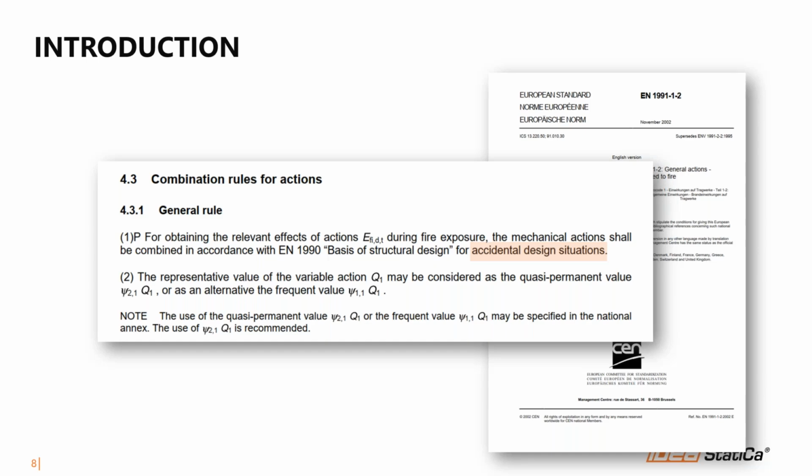In this situation, the representative action of the variable load is defined in this paragraph. So the structure should be able to resist the calculated loads under this accidental situation for the required fire resistance time, which is usually denoted with a letter R followed by the time in minutes.